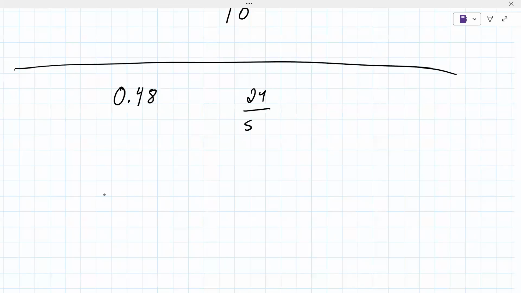That is true, but it does further reduce. Can you divide both of those by 2? It would be 12/25. Okay, now does that reduce further? And the answer is no.